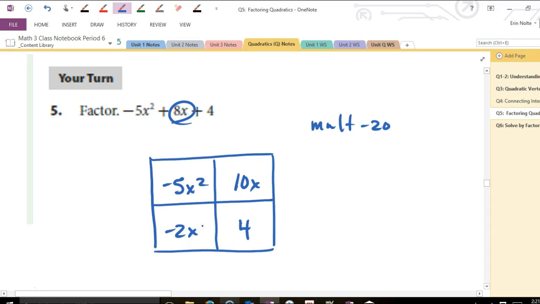All right, ready? So then we pull greatest common factor out, right? So of the top row, what's my greatest common factor? Negative 5x. Okay, what about of my bottom row? Negative 2. Okay, now of my vertical. Is that one normal or is it negative?